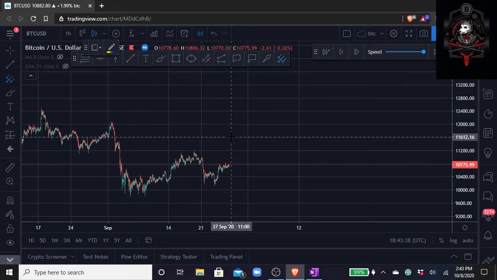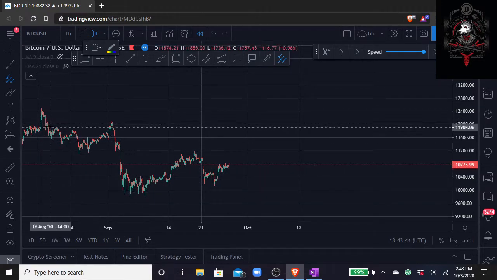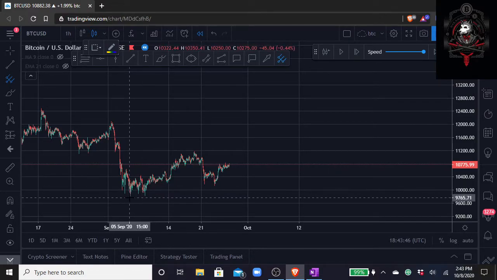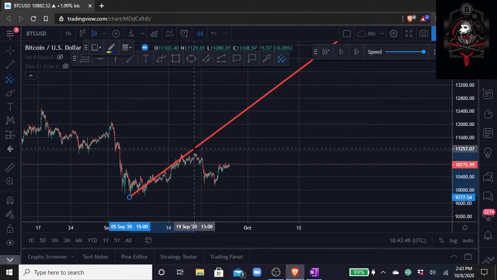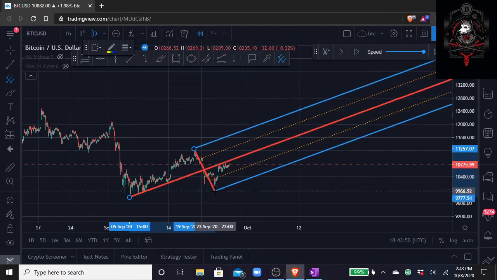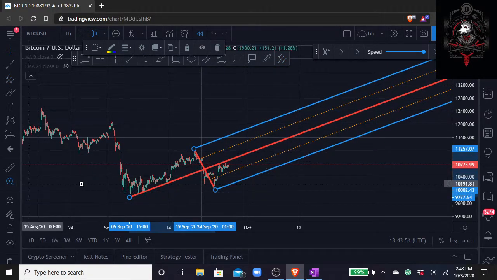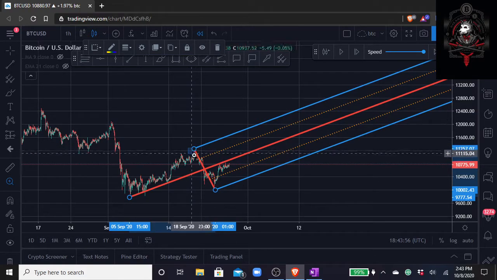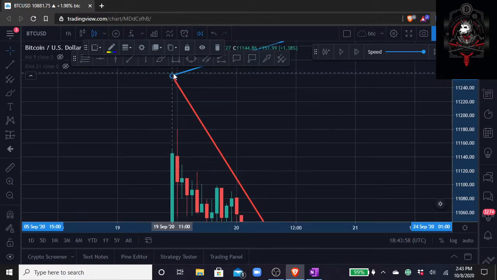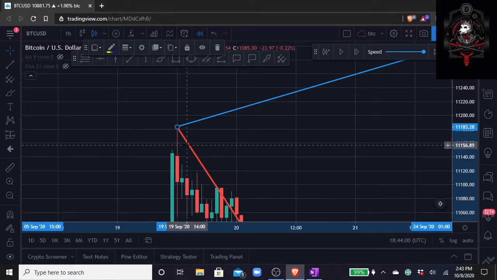We'll use a regular pitchfork here, and okay. Let's say this is our low, this is our high, this is our low. Okay, so this is a regular pitchfork. We're gonna see if we can get a nice trending market here, see if we can get it to follow up.